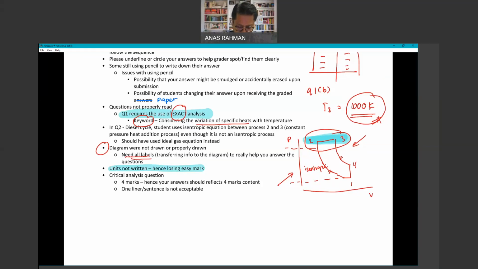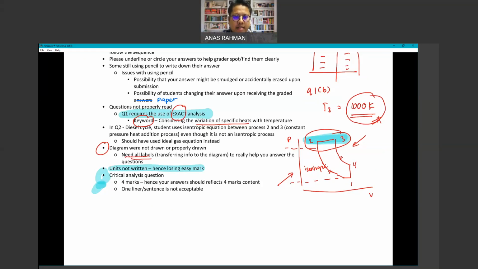And finally, regarding the critical analysis question. I've mentioned in the class the way that the questions are structured. Basically, they involve calculations as well as theoretical parts that test your understanding of the content that we learn in the class. Usually I have parts A, B, and C for calculation, and then D is the critical analysis part.